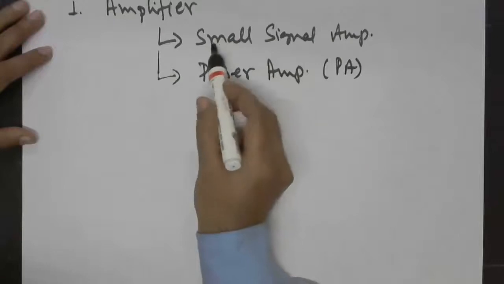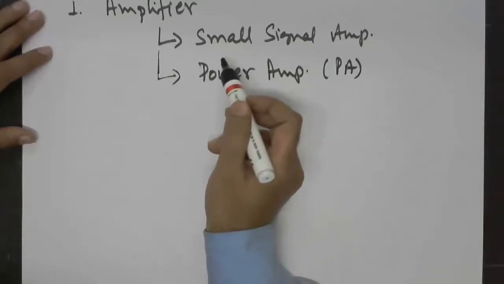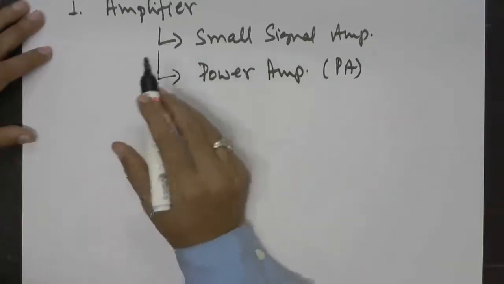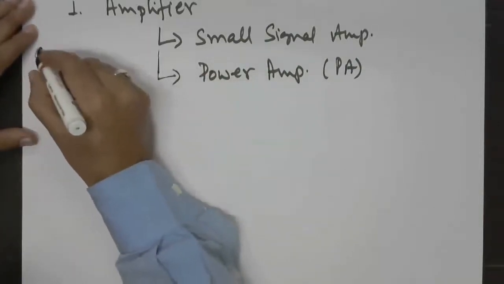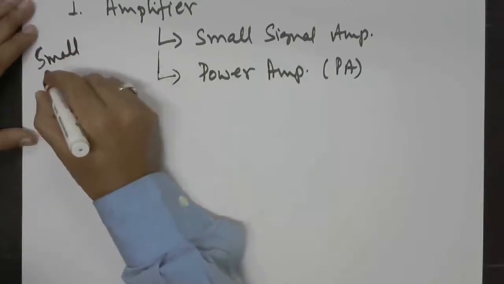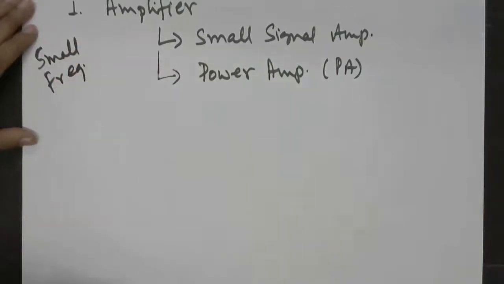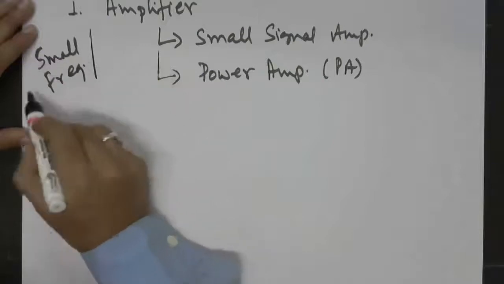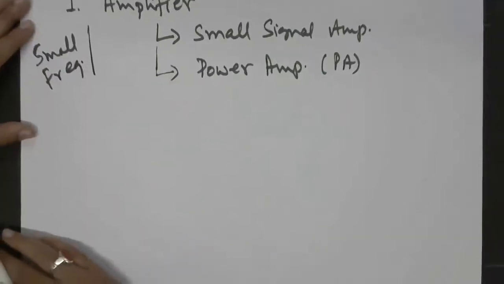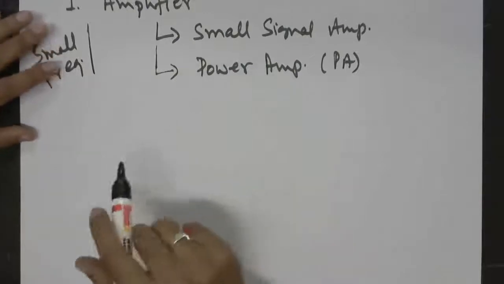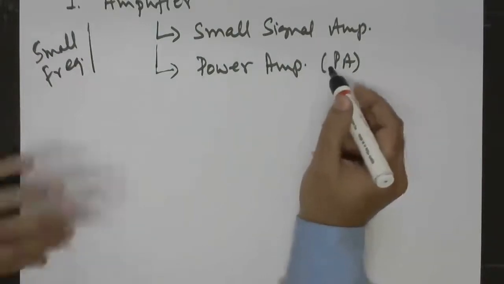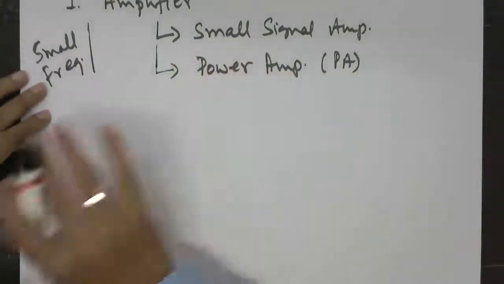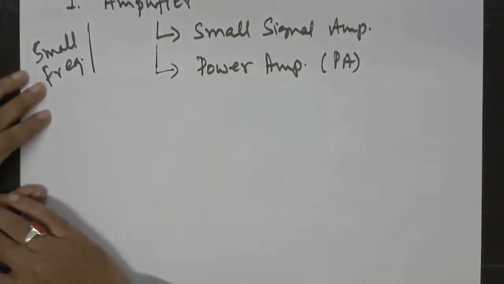And both the amplifiers will be handling signals up to 20 kilohertz. So they are small frequency amplifiers. But we will hardly be talking about this because most of the frequencies that we will discuss are going to be small. So the distinction is only in terms of the power or voltage that they handle. So these are the two different modules for this course.